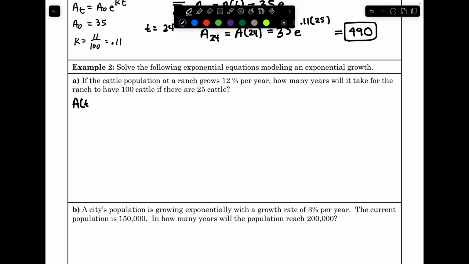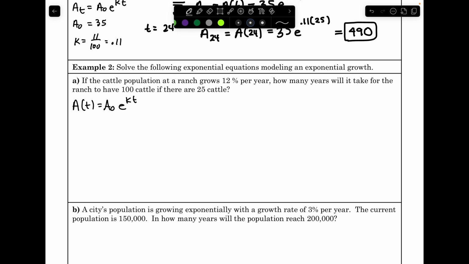So A of t equals A of 0 times e to the kt.